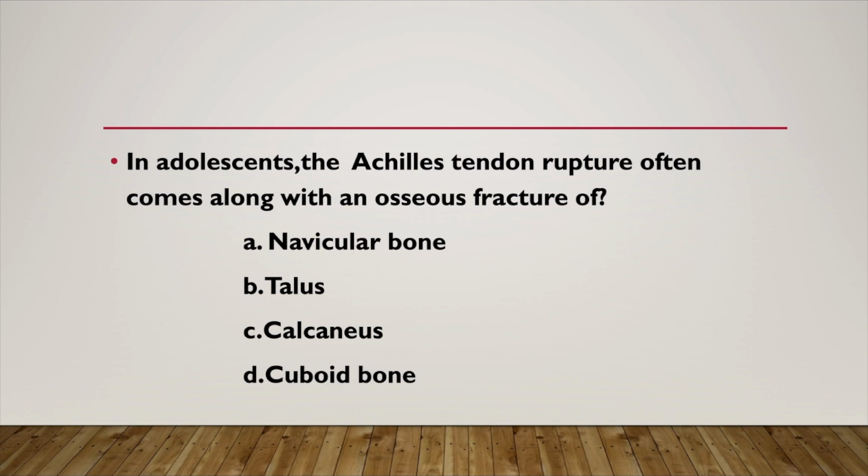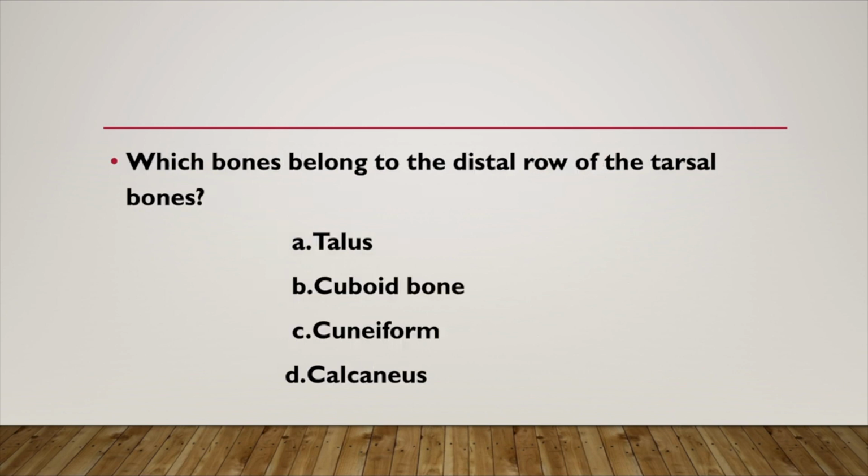In adolescence, the Achilles tendon rupture often comes along with an osseous fracture of: option A navicular bone, option B talus, option C calcaneus, option D cuboid bone. Answer: option C calcaneus. Which bones belong to the distal row of the tarsal bones?